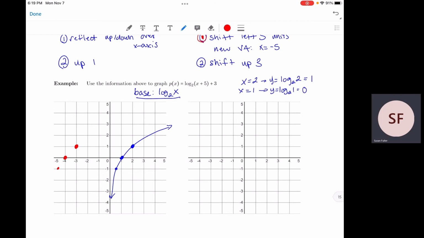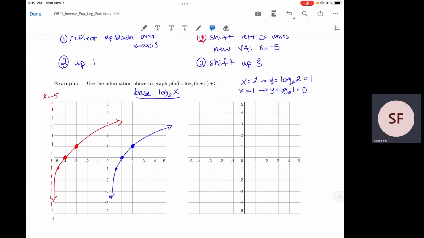And when I do that, my vertical asymptote is going to go with that. So my new vertical asymptote here is x equals -5. And I'll fill in that graph. Because to plot these, you're going to want 2 points and the asymptote. So you'll want to make sure that you put that asymptote in. Okay, so we have shifted to the left 5.